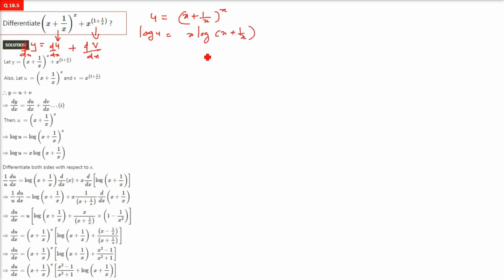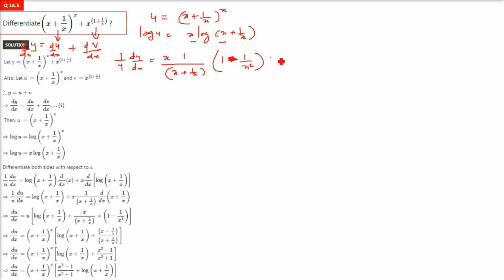Now let us differentiate it. When we differentiate it, there are two terms here on the left, on the right and left we have 1 by u du by dx. So x will take outside. I am applying the product rule. So log x plus 1 by x is 1 by x plus 1 by x. Then x plus 1 by x is 1 and 1 by x is minus 1 by x square. This we already done earlier.